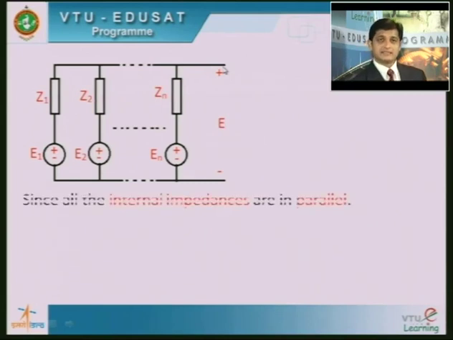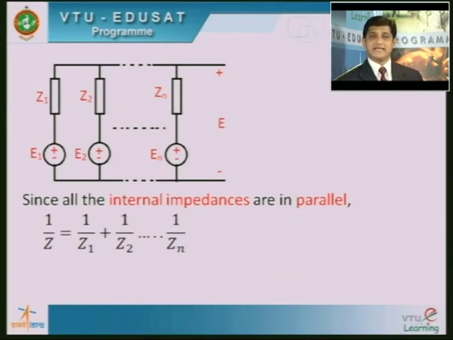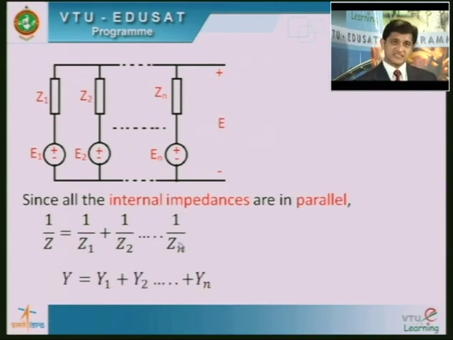How to do that? See here, since all the internal impedances are in parallel, we can write 1 by Z, where Z is the equivalent impedance, and that is equal to 1 by Z1 plus 1 by Z2 up to 1 by Zn. Now, I have told you what is 1 by Z. 1 by Z is Y, and 1 by Z1, 1 by Z2, you can represent that by Y1, Y2 up to Yn, and that is what is being done.